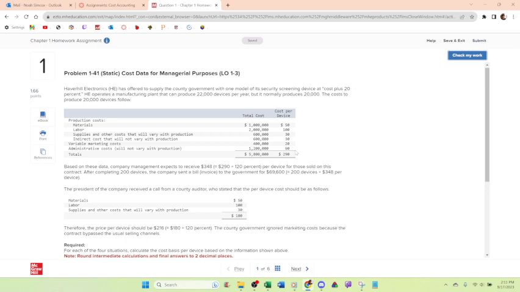Does the cost per device of indirect costs change? It's so counterintuitive because technically the costs per device that will change are the fixed costs. This is the most counterintuitive question on the planet.